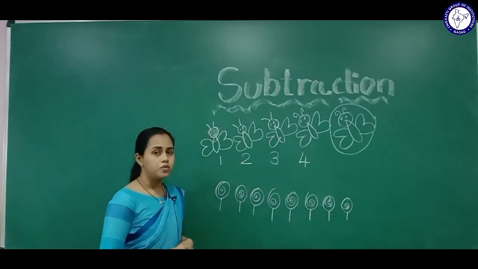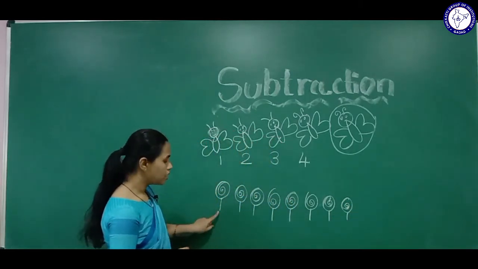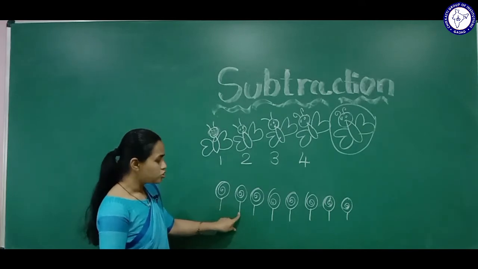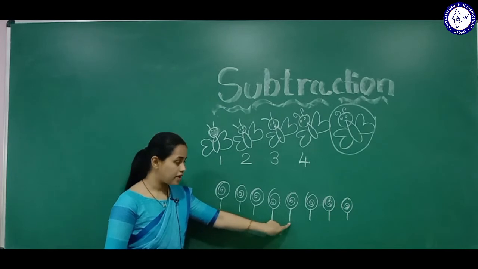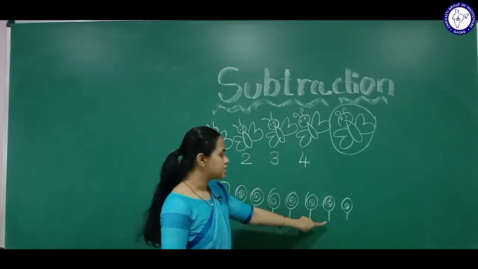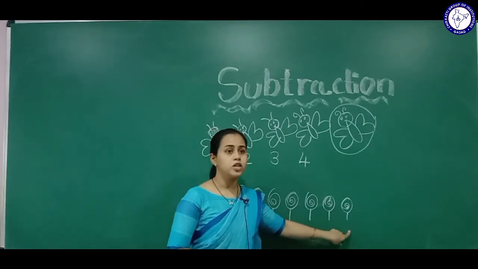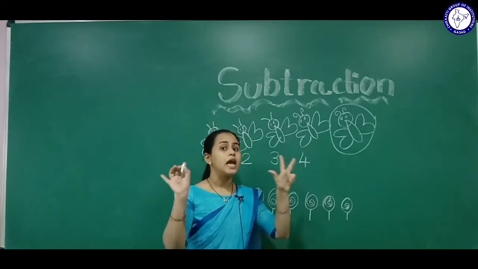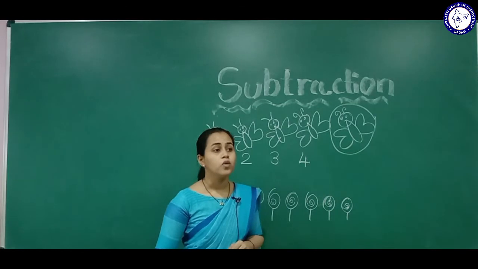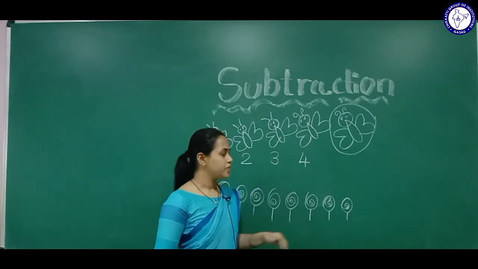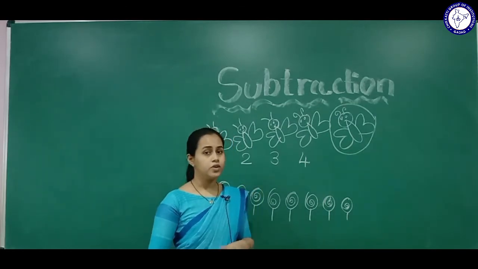Can we count how many lollipops are here? 1, 2, 3, 4, 5, 6, 7 and 8. How many lollipops do we have now? 8 lollipops.